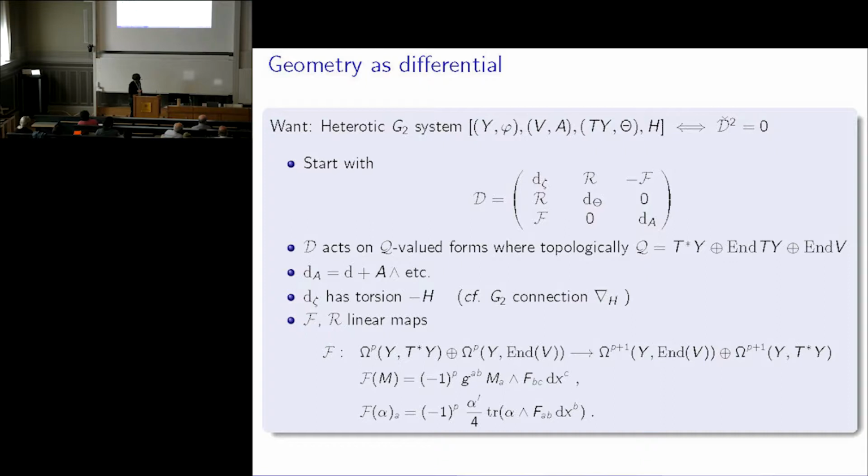Then F and R here are linear maps that map p-forms with values in the cotangent bundle and V, to p+1 forms with values in the endomorphism bundle and the cotangent bundle. So if we take an object from the cotangent bundle, then we will get something which is endomorphism valued, and the definition of the map is this one. And if we take something which is endomorphism valued, we will get something which takes values in the cotangent bundle. So these are 2 linear maps.